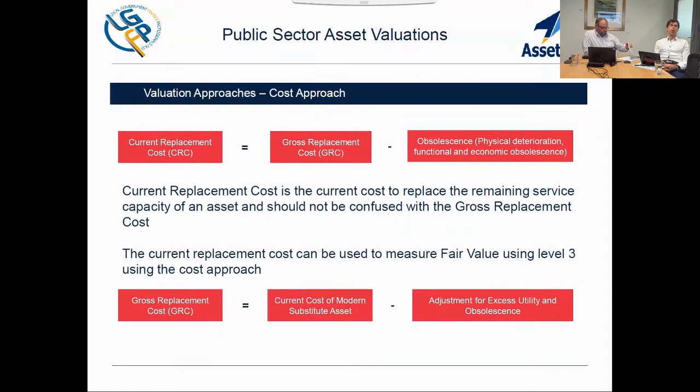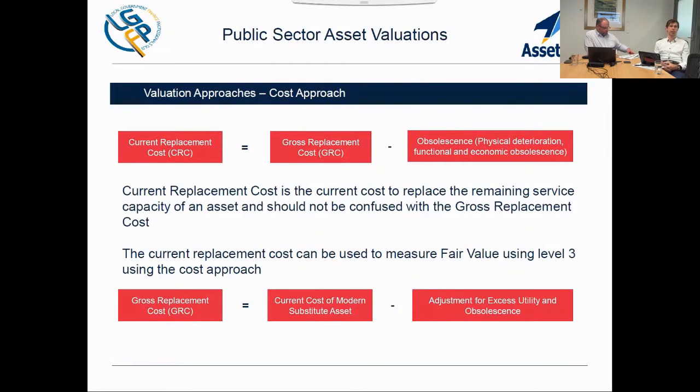Modern equivalent is always the lowest cost to replace an asset. So if there's a cheaper way to build that asset now, the modern equivalent is always that cheaper way to build that asset.